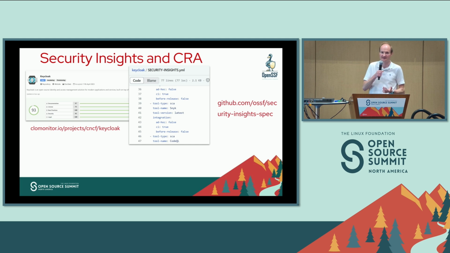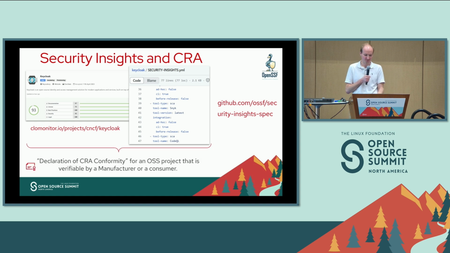The idea is that it would be a machine-readable and also quite human-readable format, so that all the consumers and manufacturers can take this file and be sure that the project is following good practices. And that could serve potentially as the declaration of conformity or that voluntary attestation that I showed in the previous slide that could be given back to the manufacturers, okay?